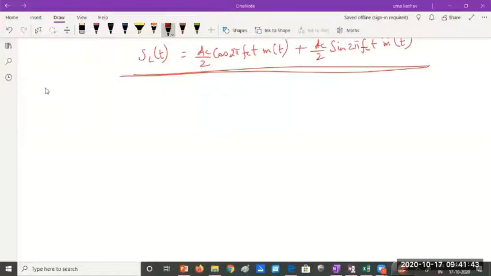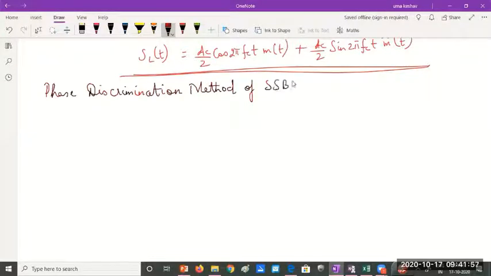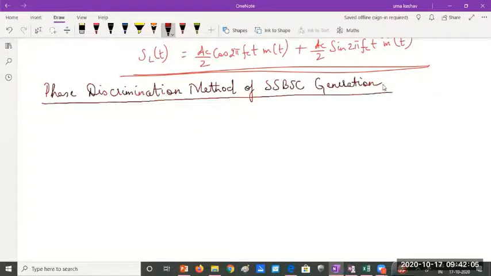Okay. So based on this, we'll just do the phase discrimination method of SSB SC generation. So this is the second method to generate SSB SC signal, and this is exactly based on the time domain equation.